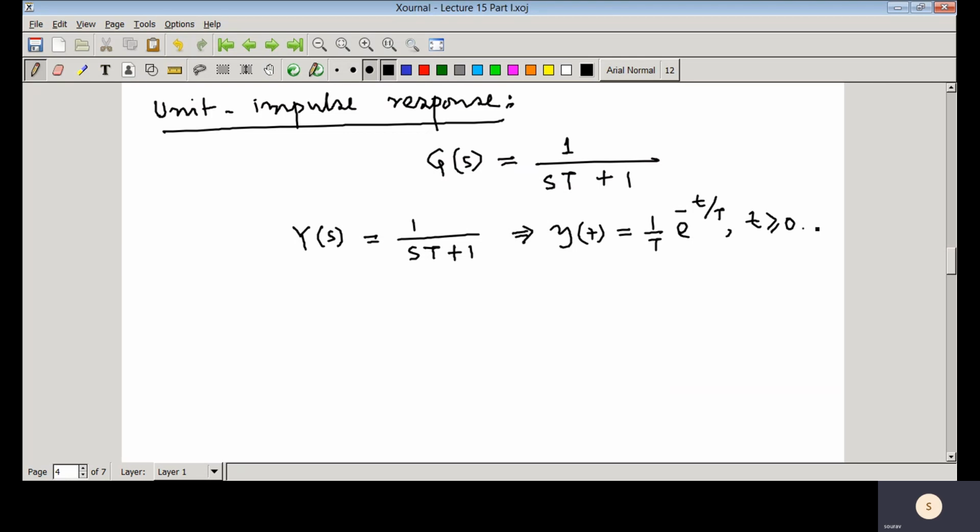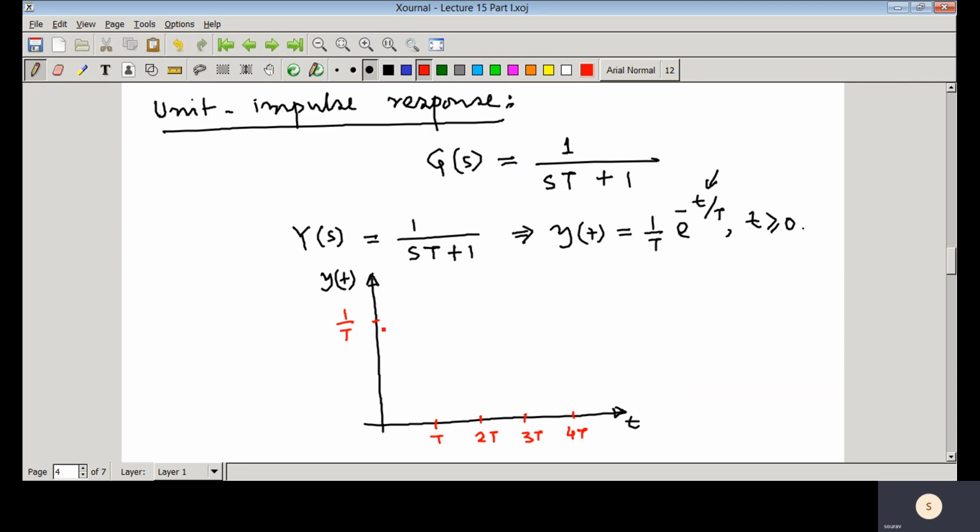So this is the unit impulse, and here if we draw the response, this is the time, and here you have y(t). When t equals 0, it starts from 1 by T, and if this is the time constant, then 2T, 3T, 4T.